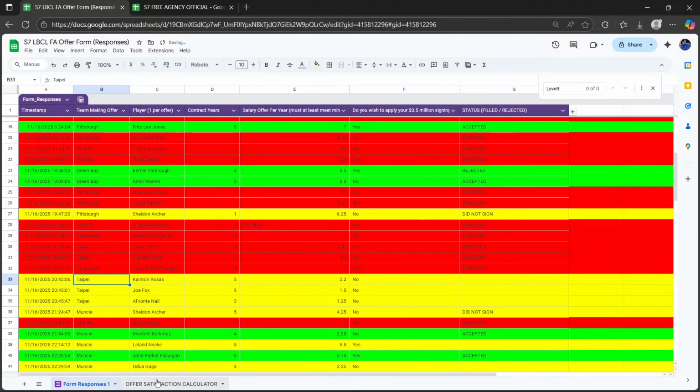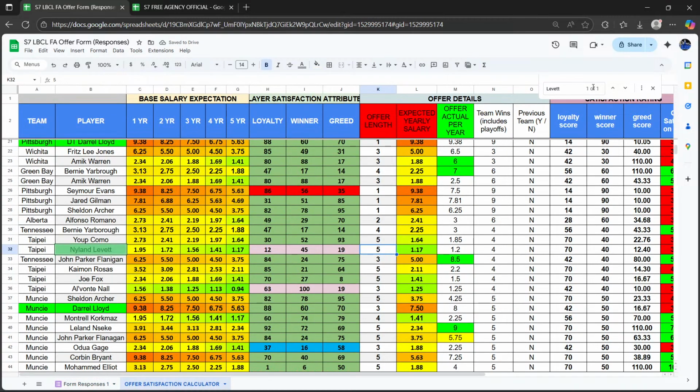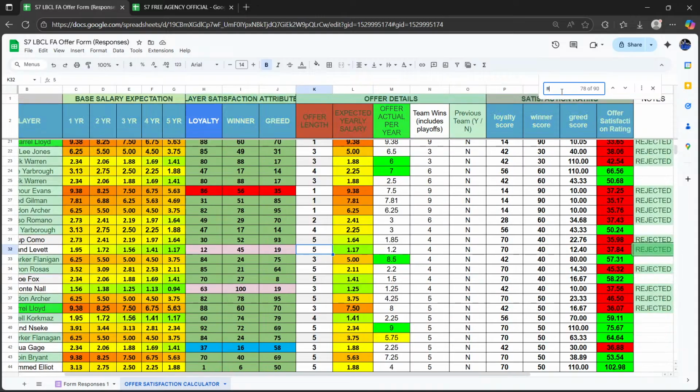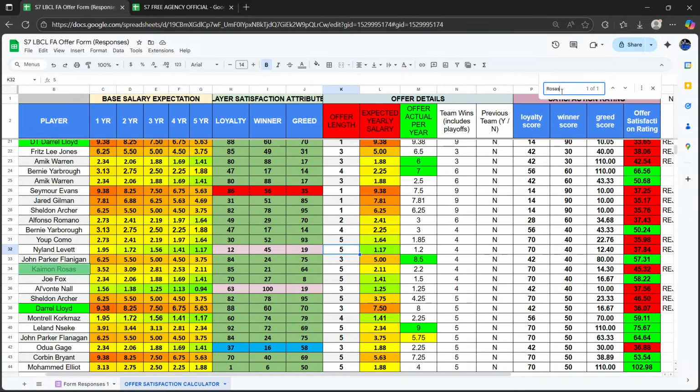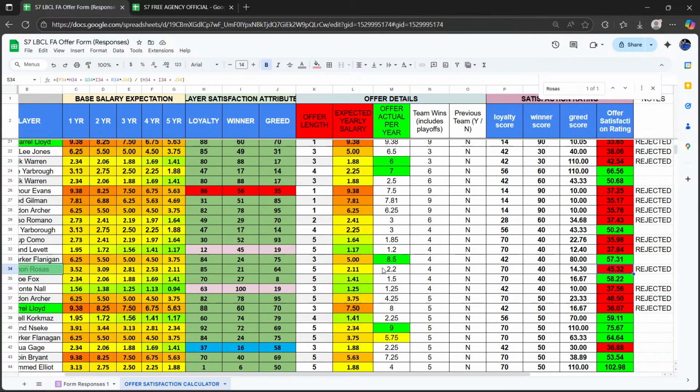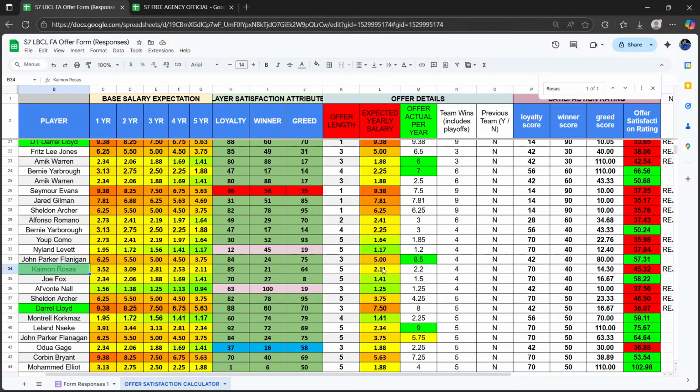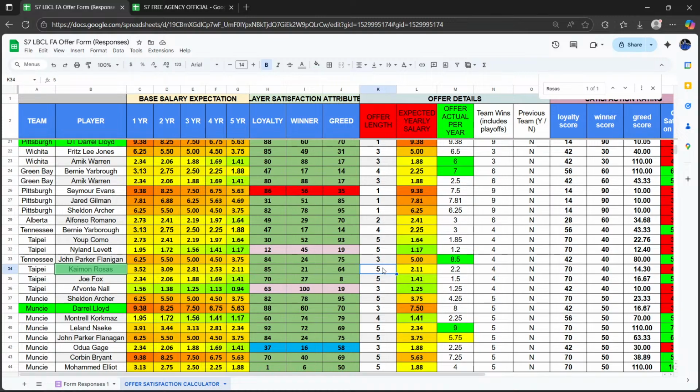All right. Taipei, Kaiman Rosas. He got real close to signing this deal. The threshold was 50 for offer satisfaction, and he got real close, just not quite enough money, would be my guess.